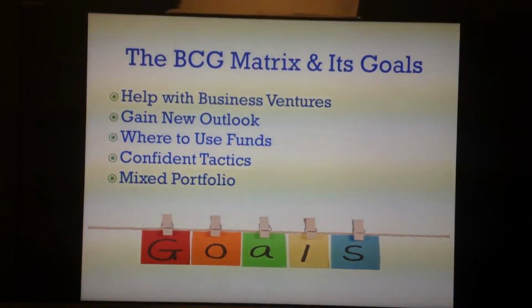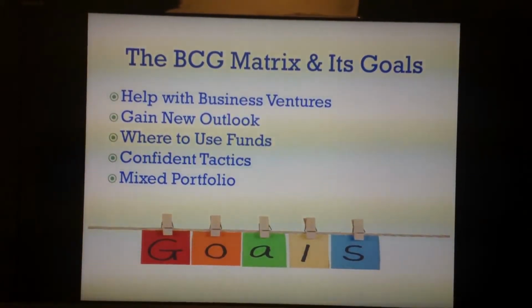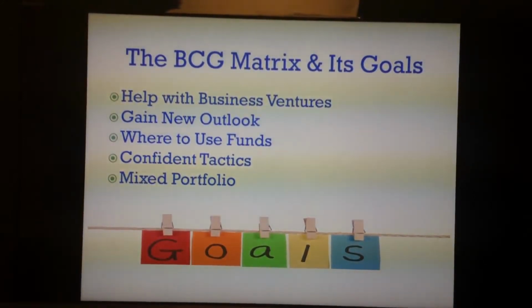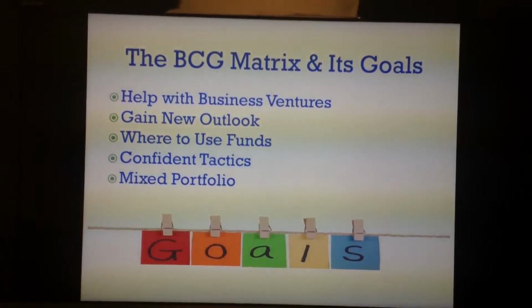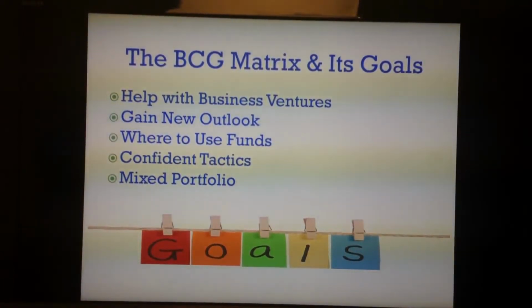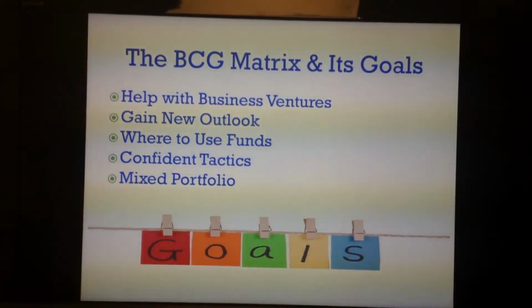An example of a well-diversified portfolio could include a star product whose high share and high growth assure the future, and a cash cow product that may supply funds for its future growth. Even a question mark product can be included in the portfolio, especially one that can be converted into a star with some extra funds.